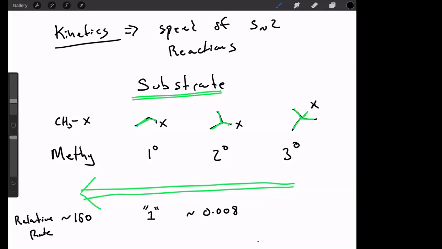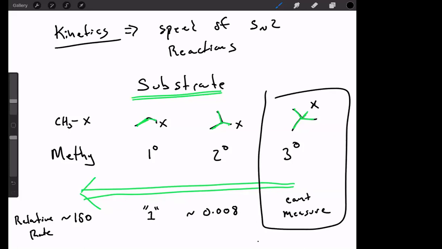It's almost 1,000 times slower. And this one is so slow that it can't be measured. In other words, it essentially doesn't happen. Sn2 reactions essentially do not happen at tertiary substrates.